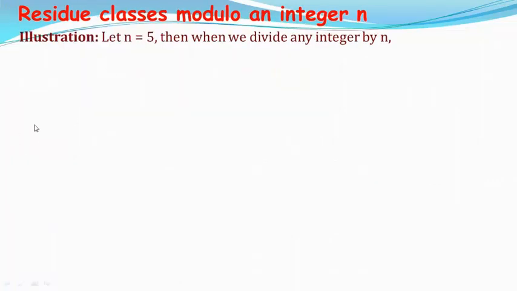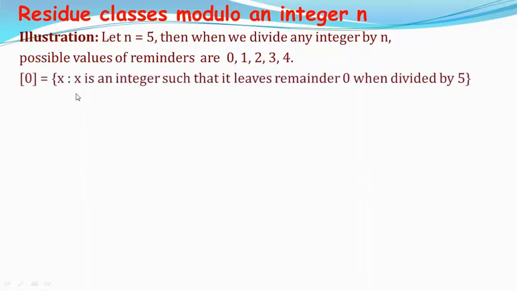Illustration. Let n is equal to 5, and we divide any integer by n. So n is equal to 5 here. The possible values of remainders are 0, 1, 2, 3 or 4. So we find all residue classes of these integers. The residue class of 0 is the set of all x such that x is an integer which leaves remainder 0 when divided by 5.